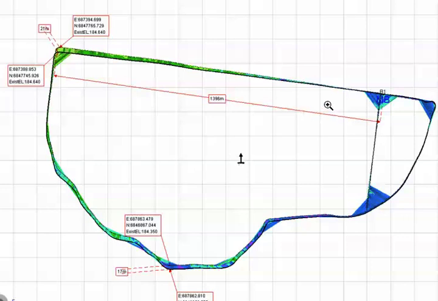So just be aware of this issue. And the easiest solution is to survey with the same type of system that you wish to do the earthworks with.